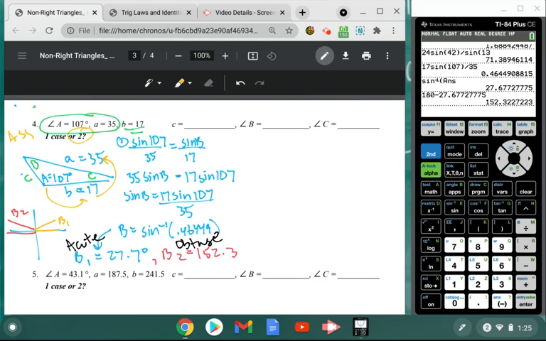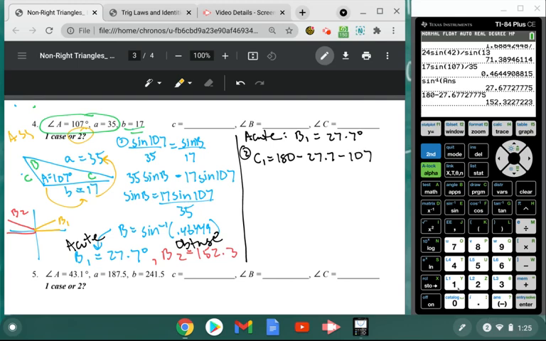So that means that I have two different constructions. So let's do the acute construction. So to do the acute construction, we have angle B1 is 27.7 degrees. Continuing with the acute, we can do step 2, which is to find C1. So C1 is going to be 180, this is the angle, minus 27.7 minus 107.